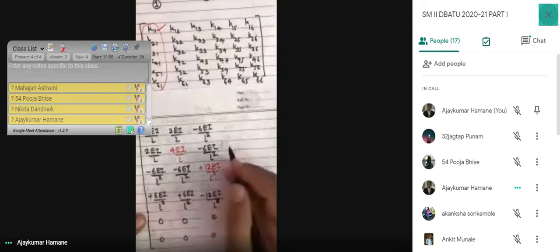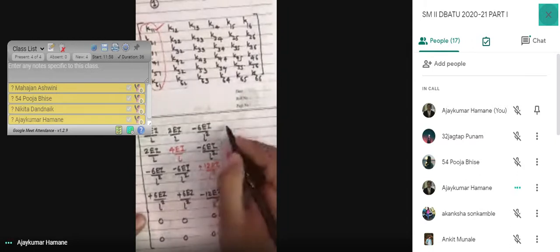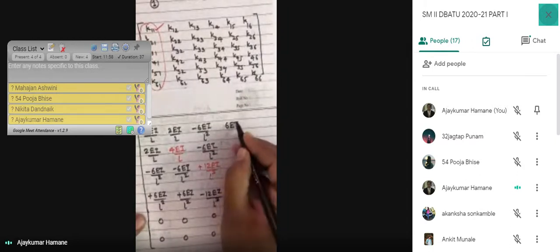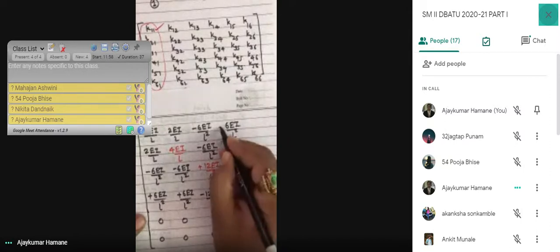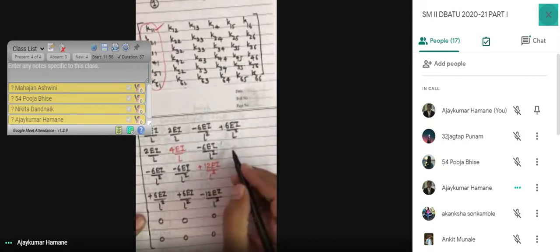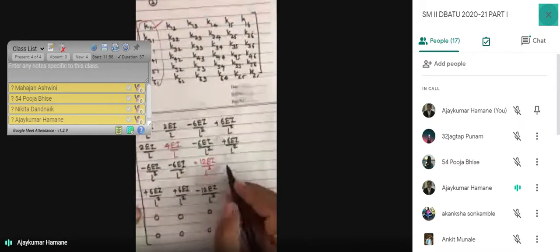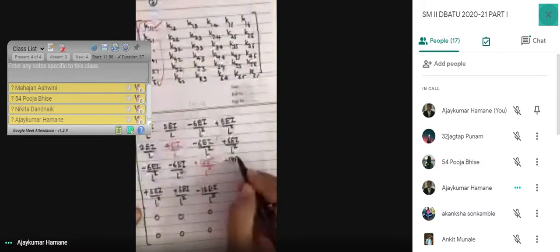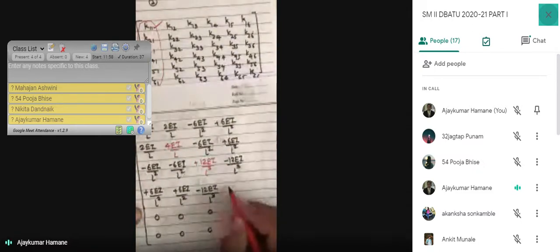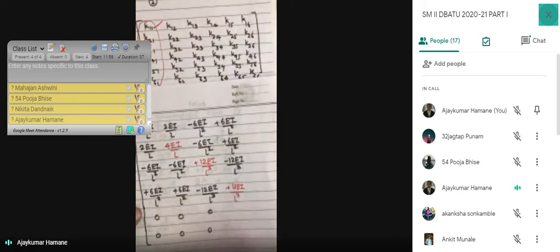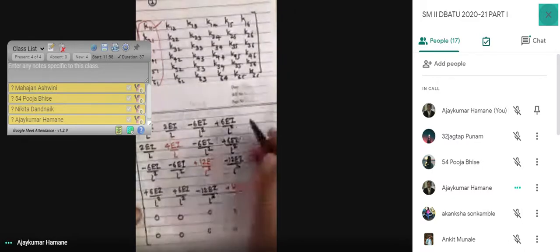Next K14 plus 6 EI by L square. K24 plus 6 EI by L square. K34 minus 12 EI by L cube. K44 plus 12 EI by L cube. K54 0 0.